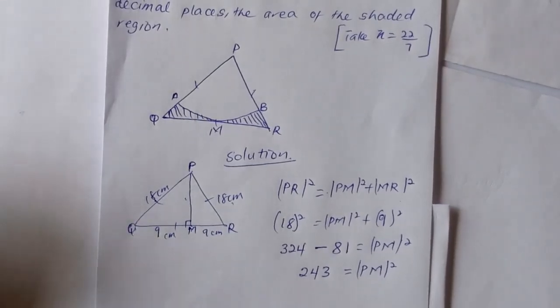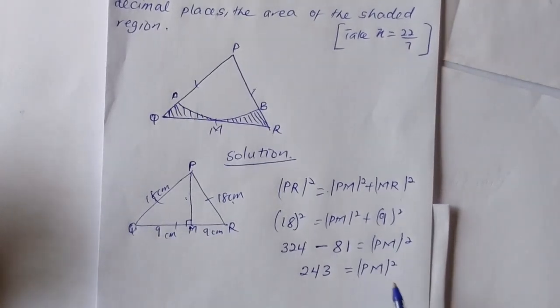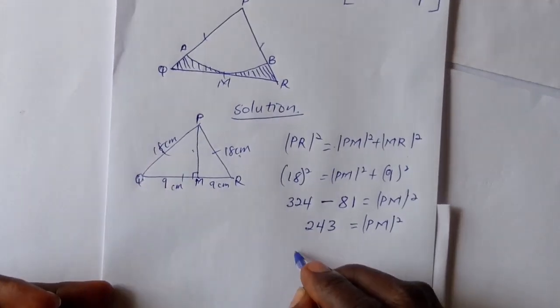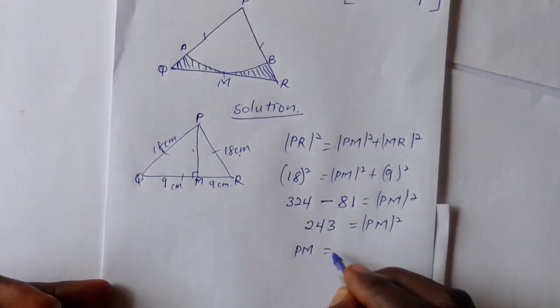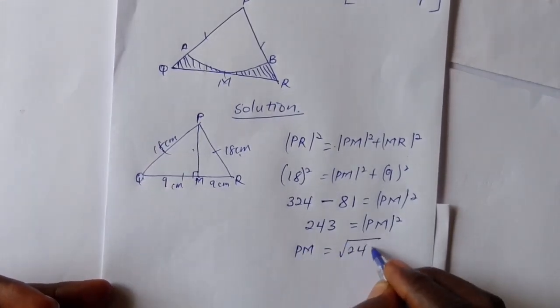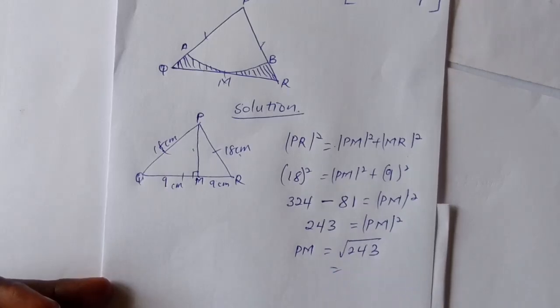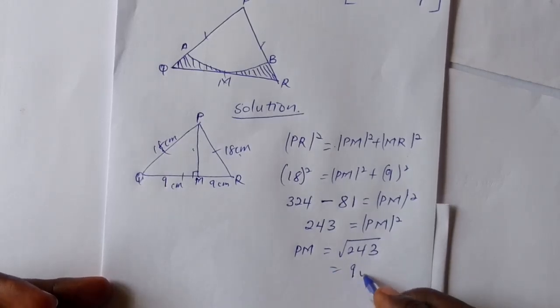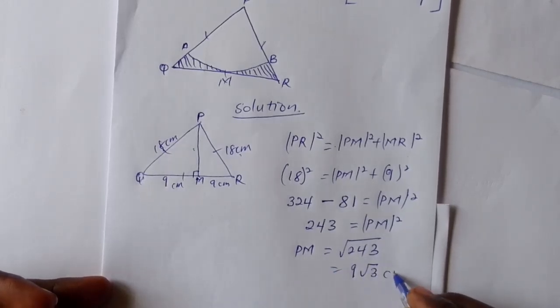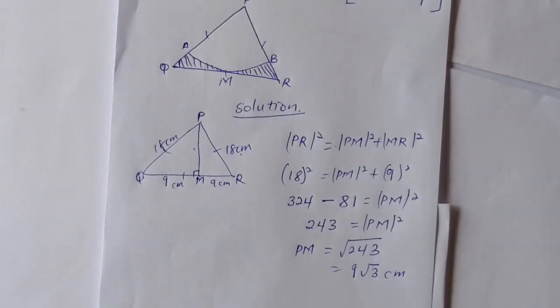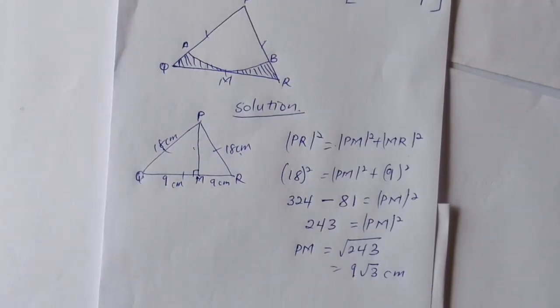So we are interested in PM but not PM squared, so we have to find the square root of both sides to take off the square. So PM is equal to the square root of 243, and this will give us 9√3 centimeters. So we are told that PM is 9√3 centimeters.